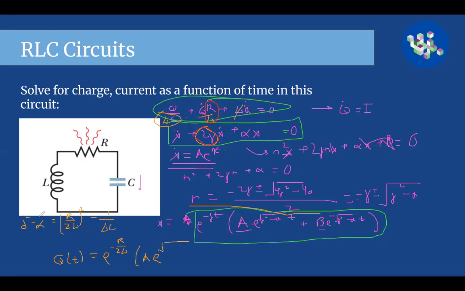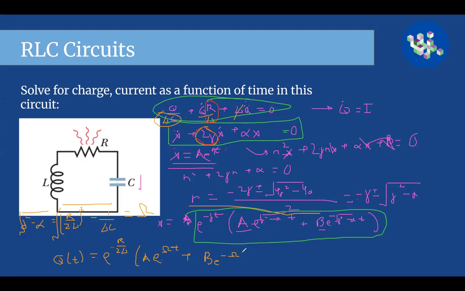Let's take the square root of this and call it big omega for now. We can plug it in later, right? Then my solution would just be a e to the big omega t plus b times e to the negative big omega t.